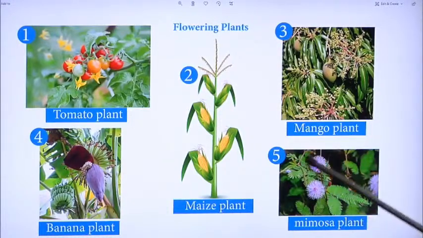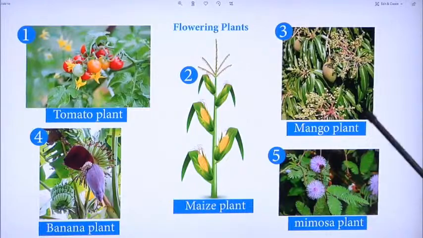And this plant is called mimosa plant. I hope you remember it. We learned this under creeping plants. We also said that this plant is very sensitive. When you touch it with a stick or a cutlass, the leaves fold up. But for some time, it unfolds.